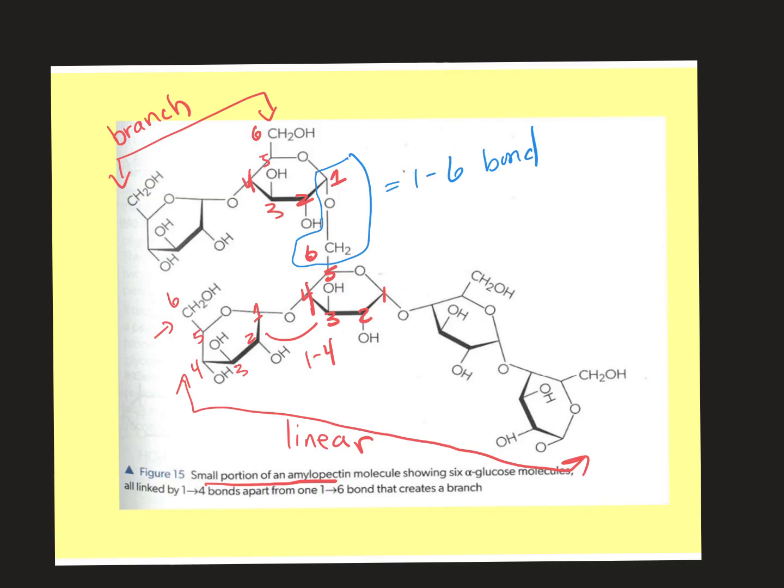And you'll notice when you get back into the branch, within the branch, this is going to be a 1,4. So within the branch, it's a 1,4. Between the branch and the main chain is a 1,6.